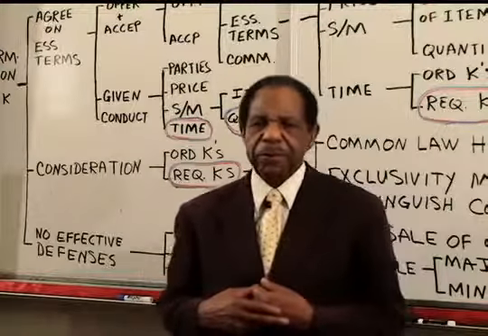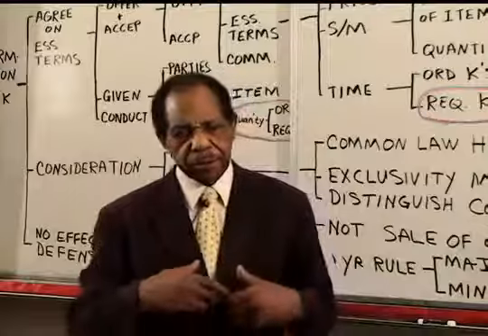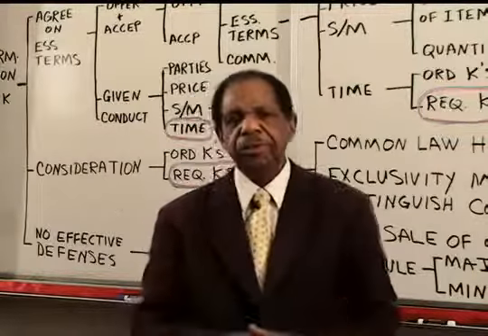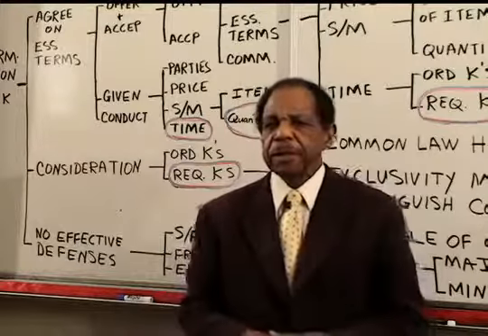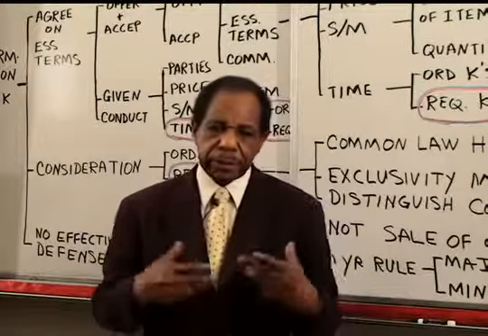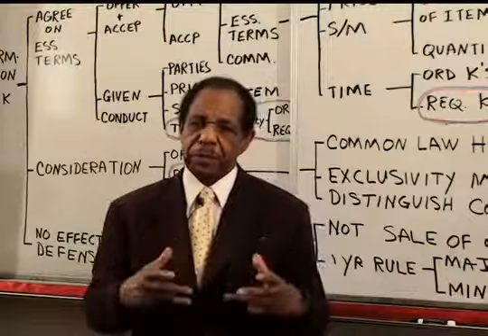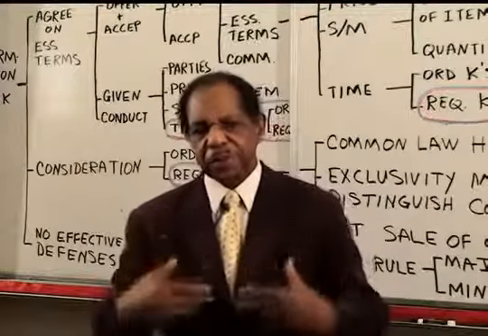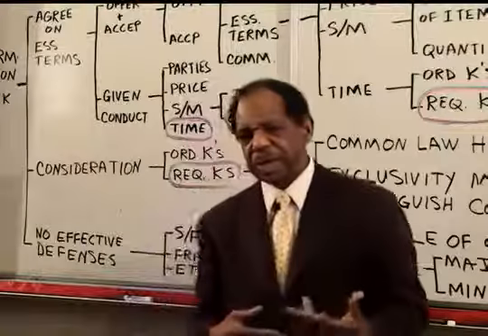Okay, that's an output contract. I have to sell only to you, and I sell it all to you and you have to buy it. And the two legal detriments you have to watch for are that number one, I must sell exclusively to you, and number two, you must be obligated to buy it. That's an output contract.